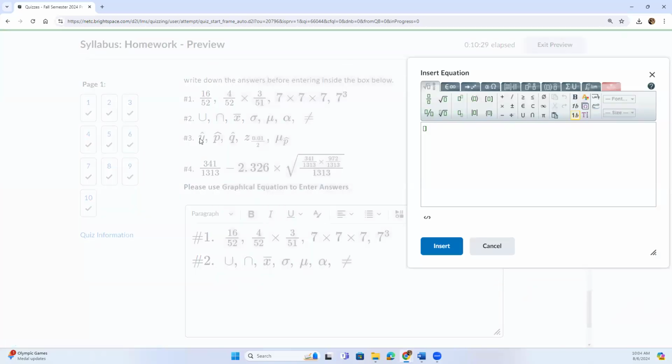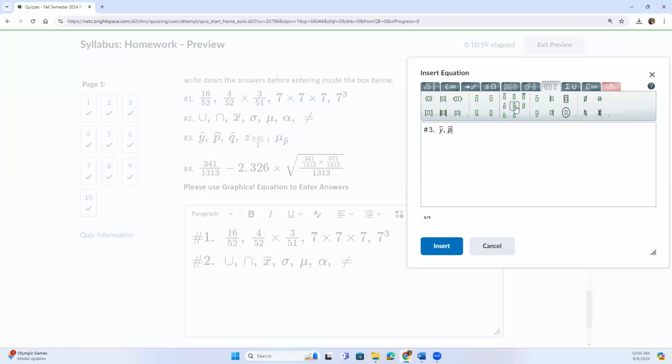Okay, this is called Y hat, P hat, Q hat. Okay, the little arrow pointing upward. That's the word hat. H-A-T, hat. So Y hat. So I'm gonna just go to this one right here. My hat is right here. So Y hat. All right, make sure my cursor is outside. I'll use a right arrow key.